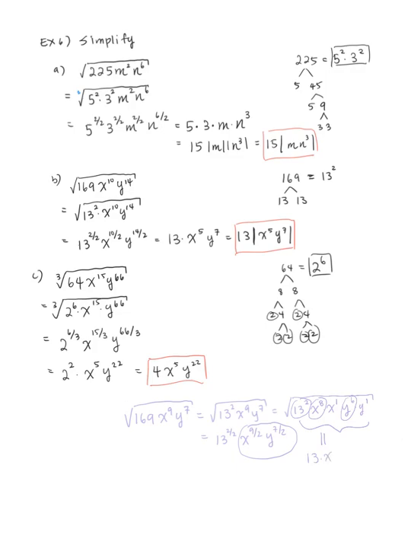Then x to the 8 over 2, and y to the 6 over 2. But these poor guys, x and y, cannot get outside of the square root. So our answer is going to be 13, and then x to the 4th, and then y to the 3rd times the square root of xy.